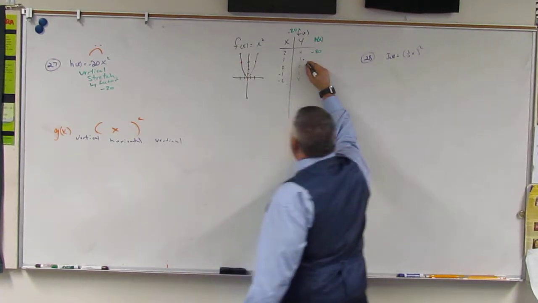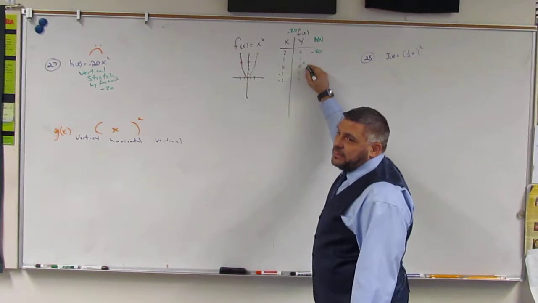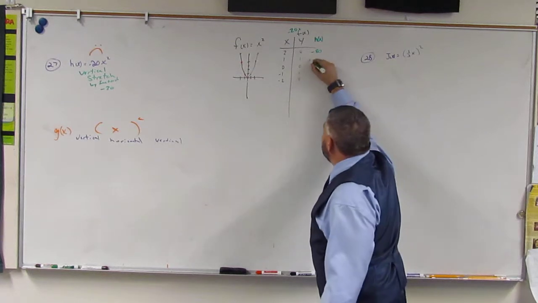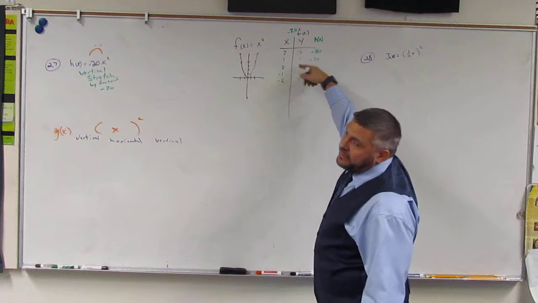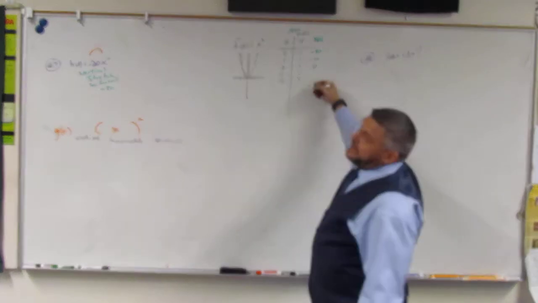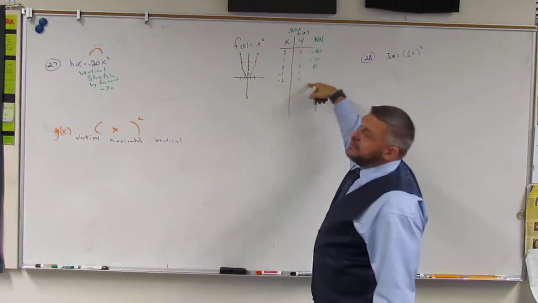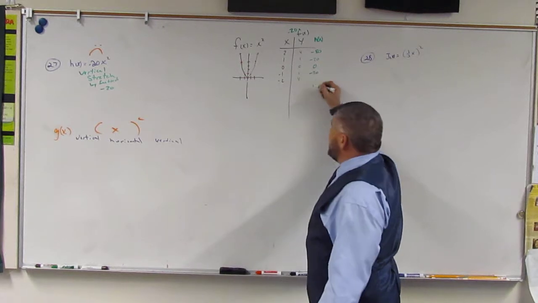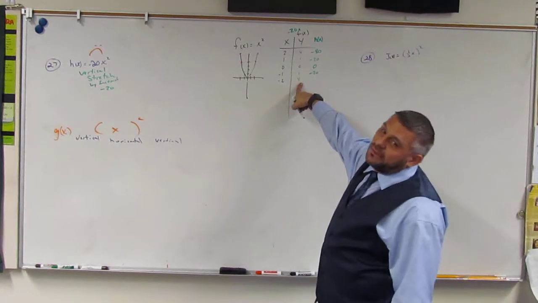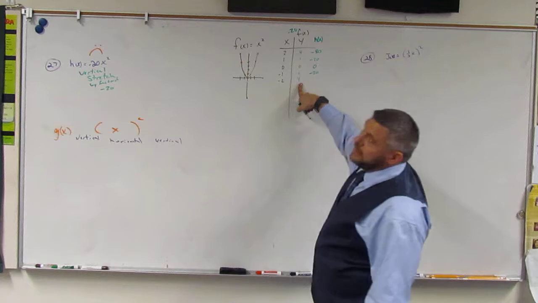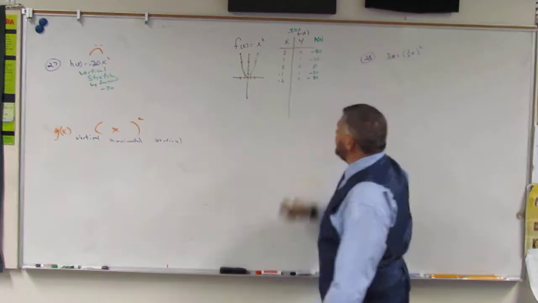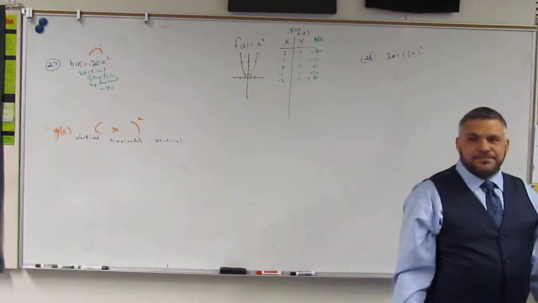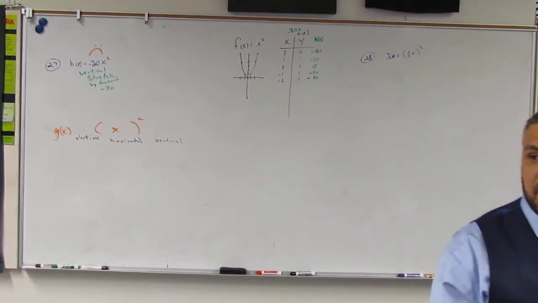What's -20 times 1? What's -20 times 0? What's -20 times 1? What's -20 times 4? Right? That ain't that hard, right?